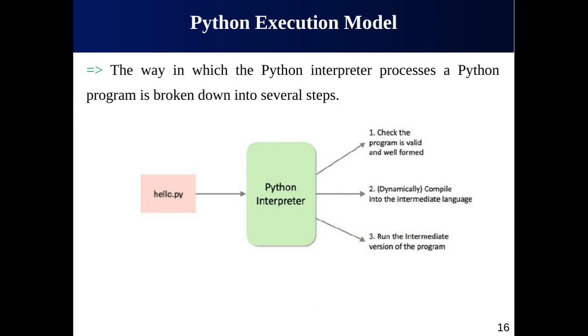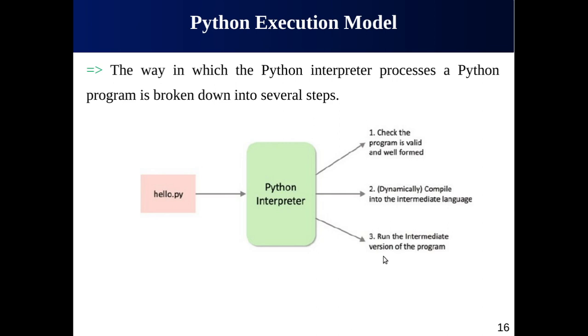For example, hello.py is the source code, while hello.pyc is the compiled version of the code, the interpreted, translated version, which is much easier for the computer to execute.